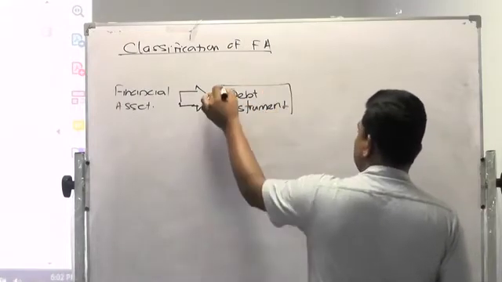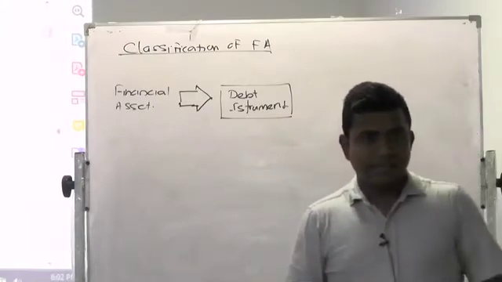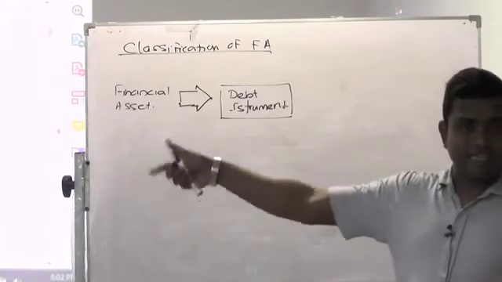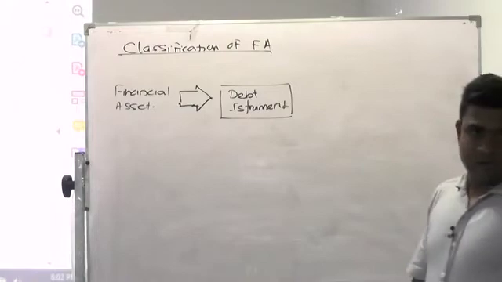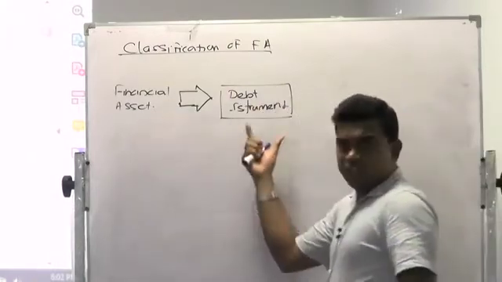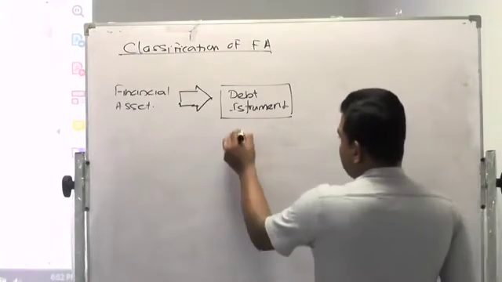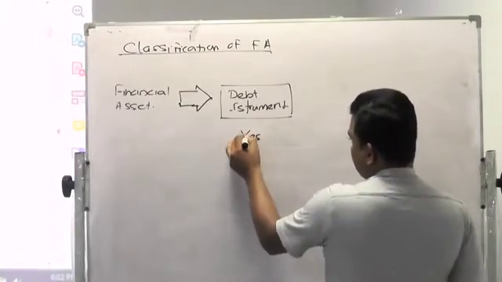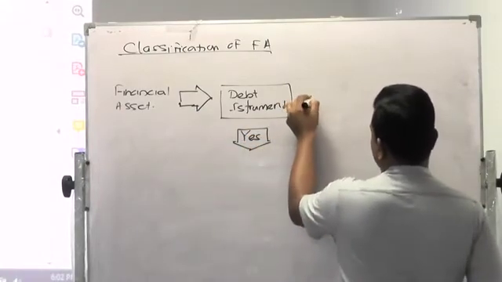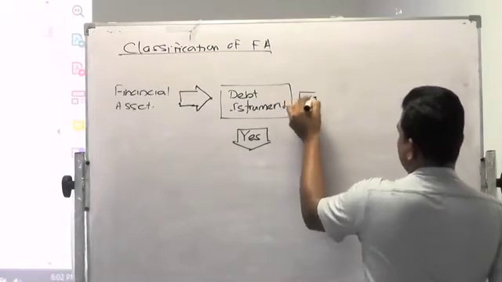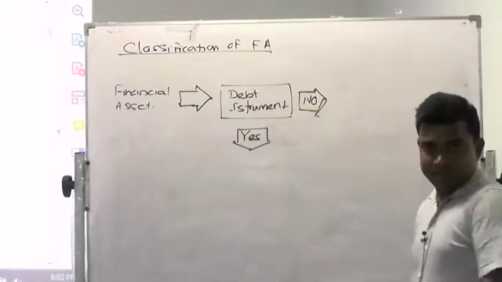See whether it is a debt instrument or not. Is that clear? Debt instrument means a financial liability for the other party. Where you have invested, you have a financial asset, right? Where you have invested, the other party, is it a debt instrument? Answer will be yes or answer will be no. Right?